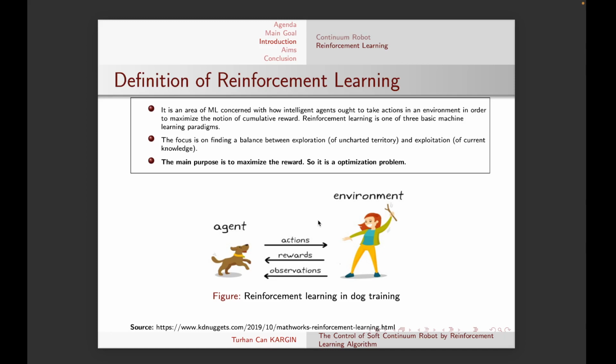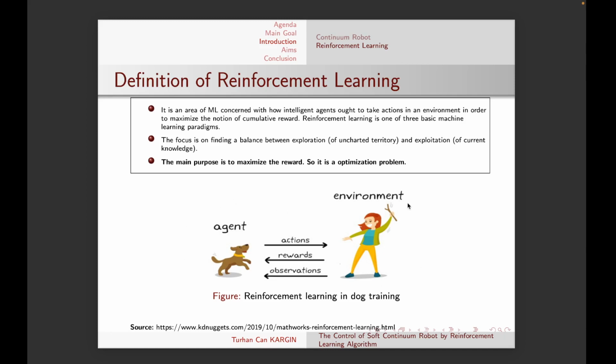It is different from the other two paradigms, and the focus is finding a balance between exploration and exploitation. It's somehow a trial and error activity, we can say, and the main purpose is to maximize the reward. So this is a kind of optimization problem.